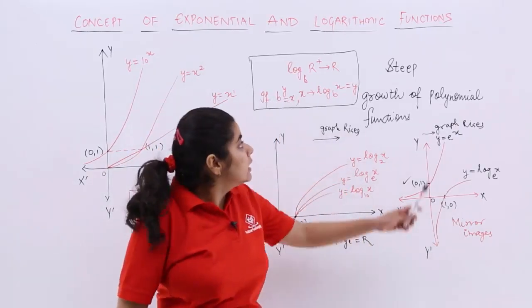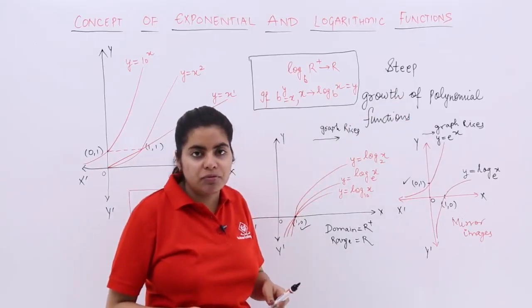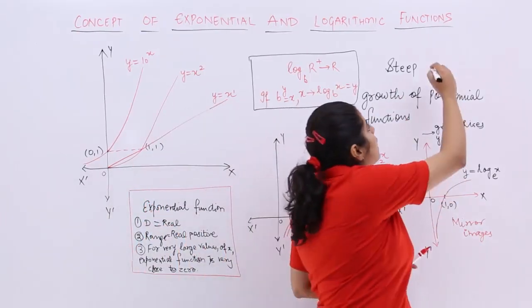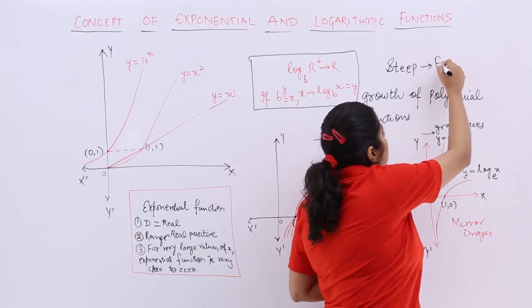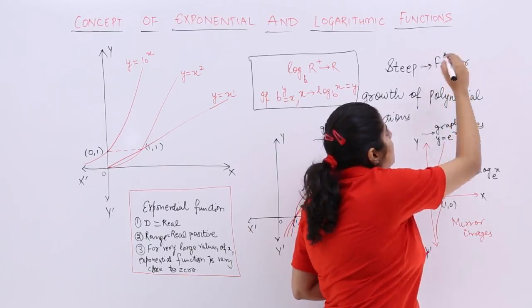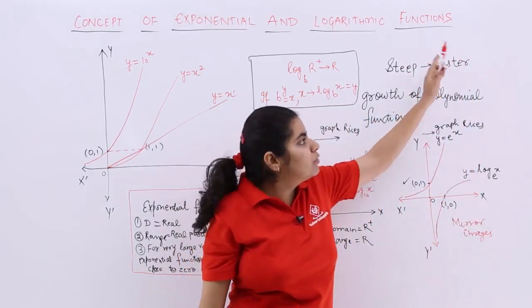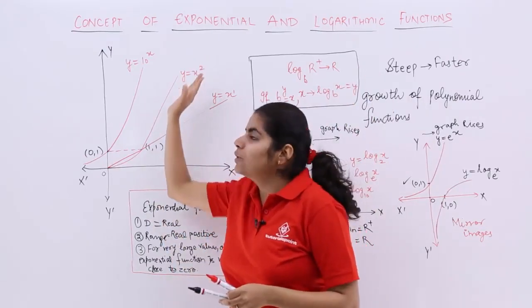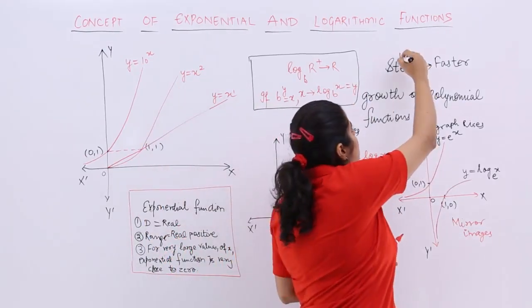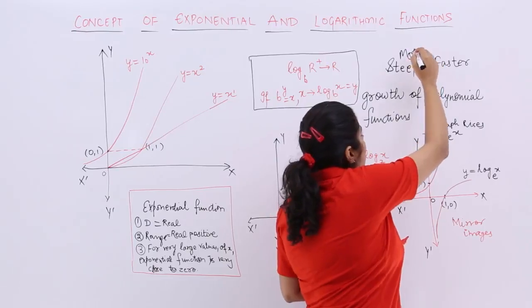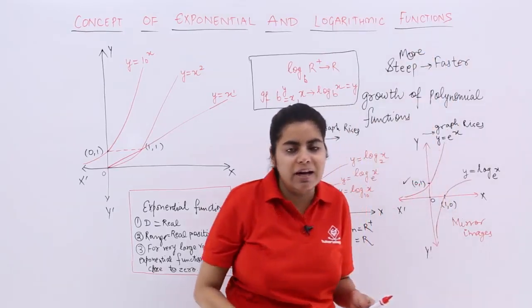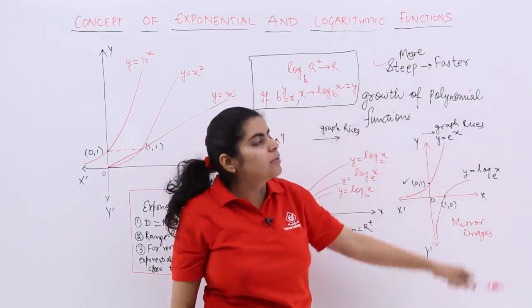So that means the steepness of graph basically tells us how fast is the growth. The steeper the graph, the faster the growth. So the more steep, the faster, right? So that we have taken up.